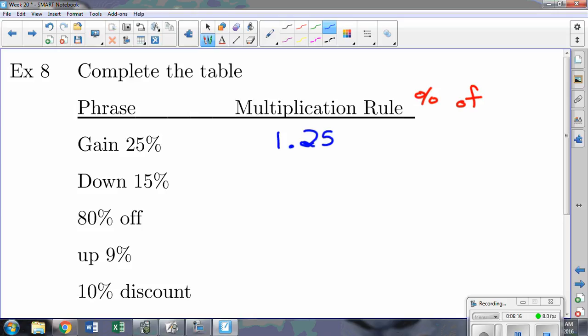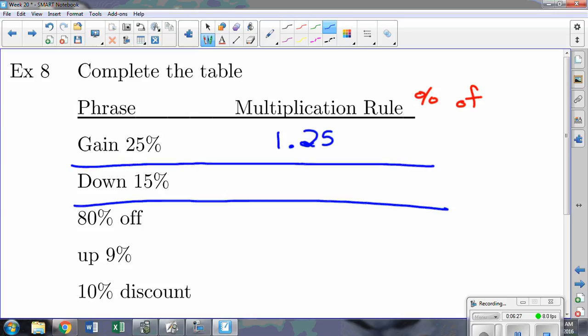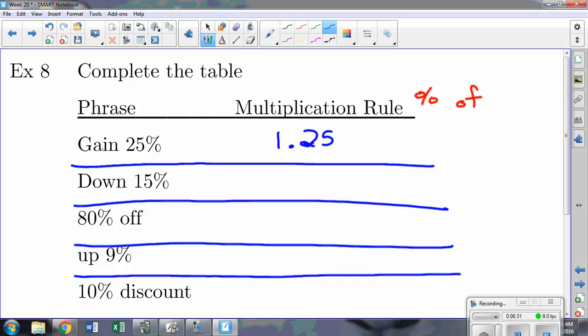No, this is not stacking. These are each individual problems. The student said it would be 35. Basically, we're looking at each of these as a different problem. If you go down 15% from the original amount, that means you're keeping 85%. And so if you keep 85, that means you have to multiply by 0.85.